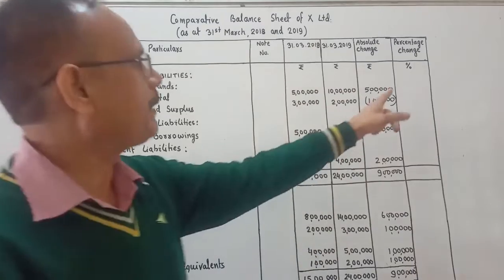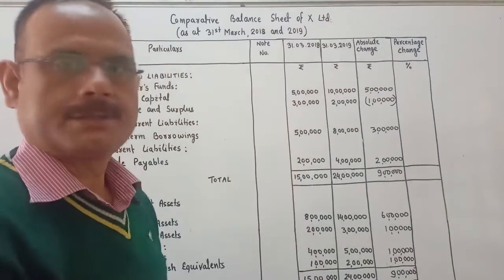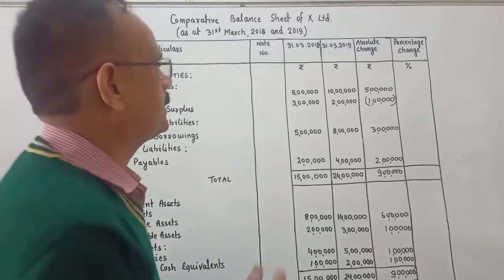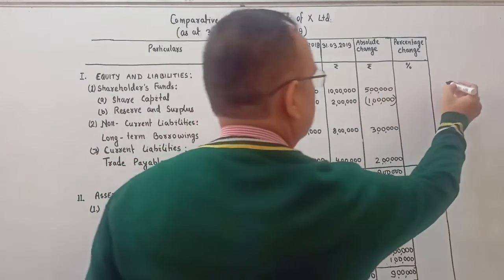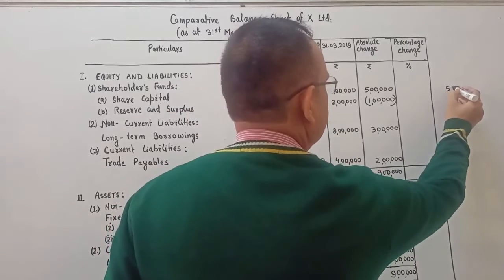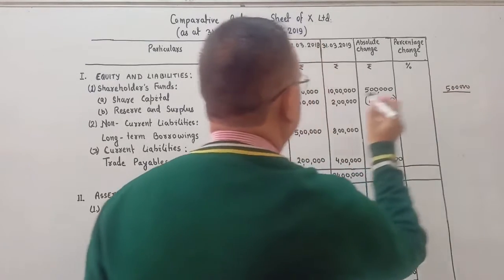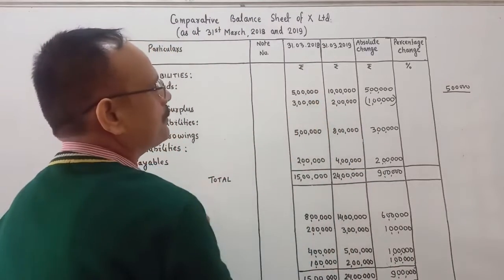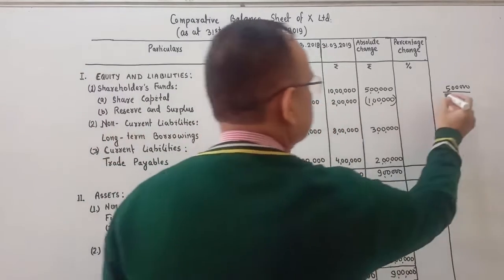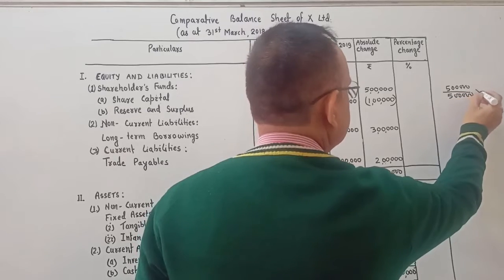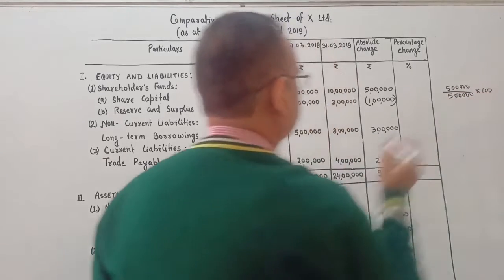Now, thereafter we will find out the percentage change. Change in percent. So, how will this be calculated? 5 lakhs is the absolute change upon previous year figure, which is 5 lakhs, into 100.